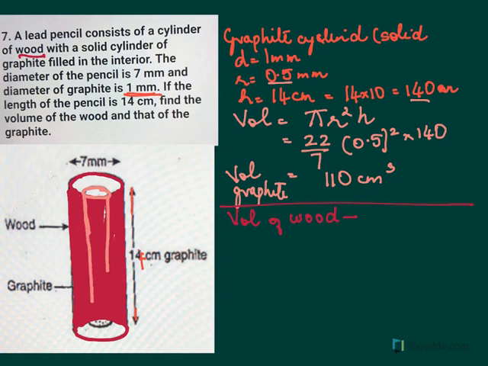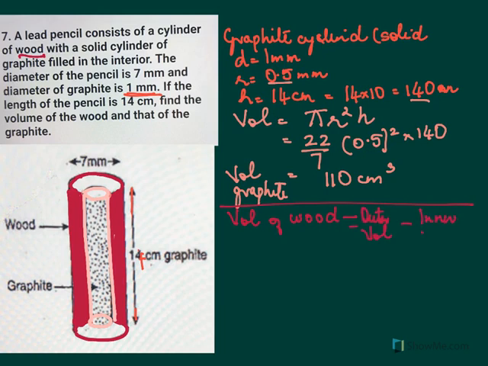So you see in the picture that inner volume would have to be subtracted because the wood is not present there. This is a hollow cylinder. So volume of wood to find would be outer volume minus the inner volume. So let us find the outer volume.